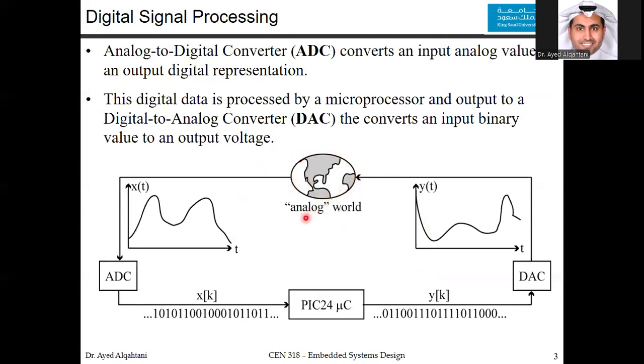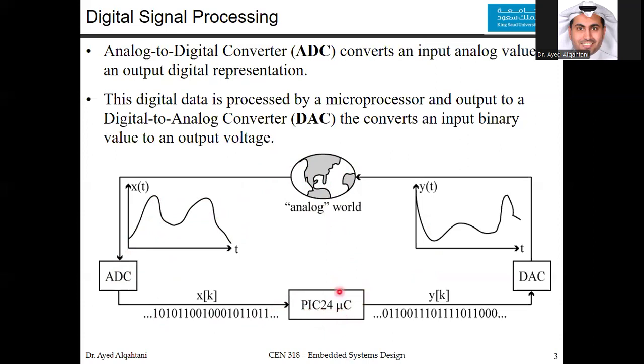We have an analog world. You can have any signal here. This signal will be continuous in its analog form, and then the analog to digital converter will convert this analog signal to a stream of bits. And then it will be ready for any microprocessor, in our case, our PIC24 microcontroller CPU.